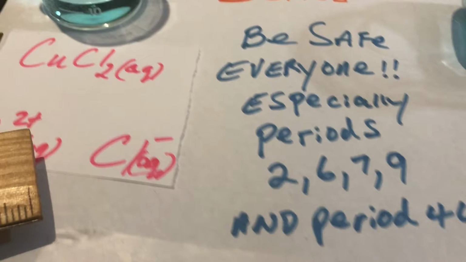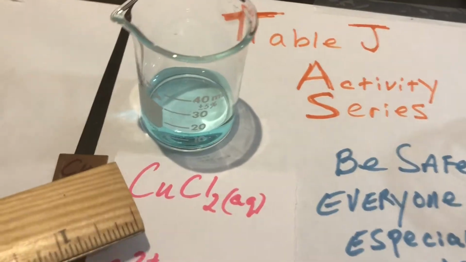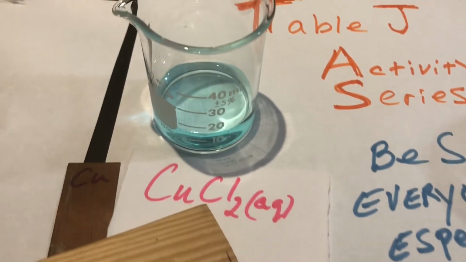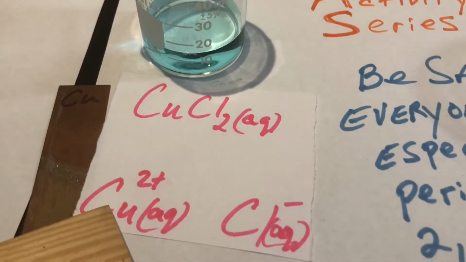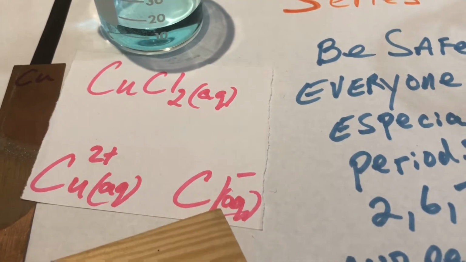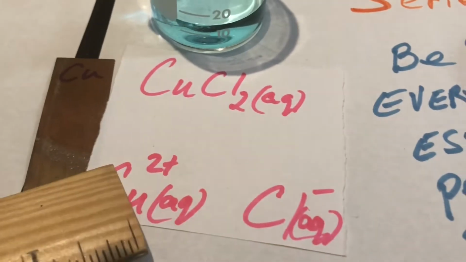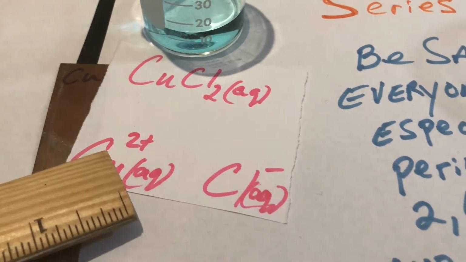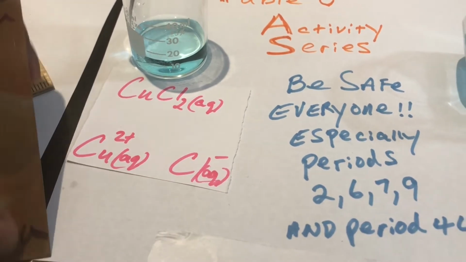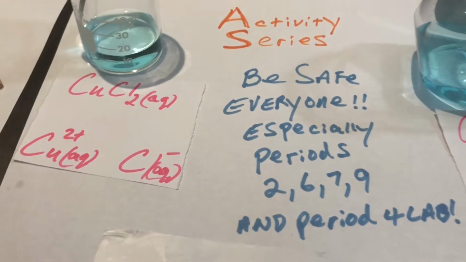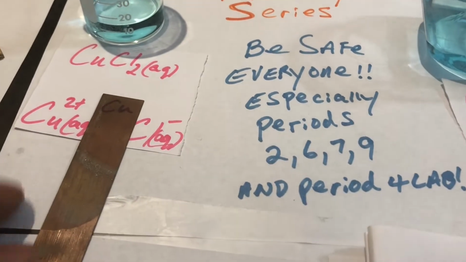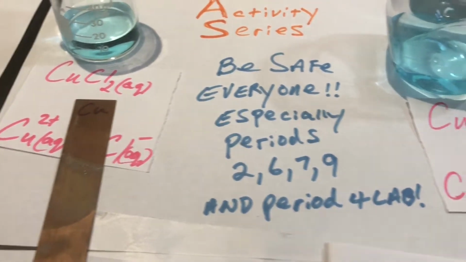All righty, folks. So the experiment today involves copper chloride as one of my solutions. The copper chloride solution has two ions in it, copper ions and chloride ions. The chloride ions are spectator ions, and the copper ions are the ones we're interested in. So we're going to take a piece of copper metal and place that copper metal into the solution.